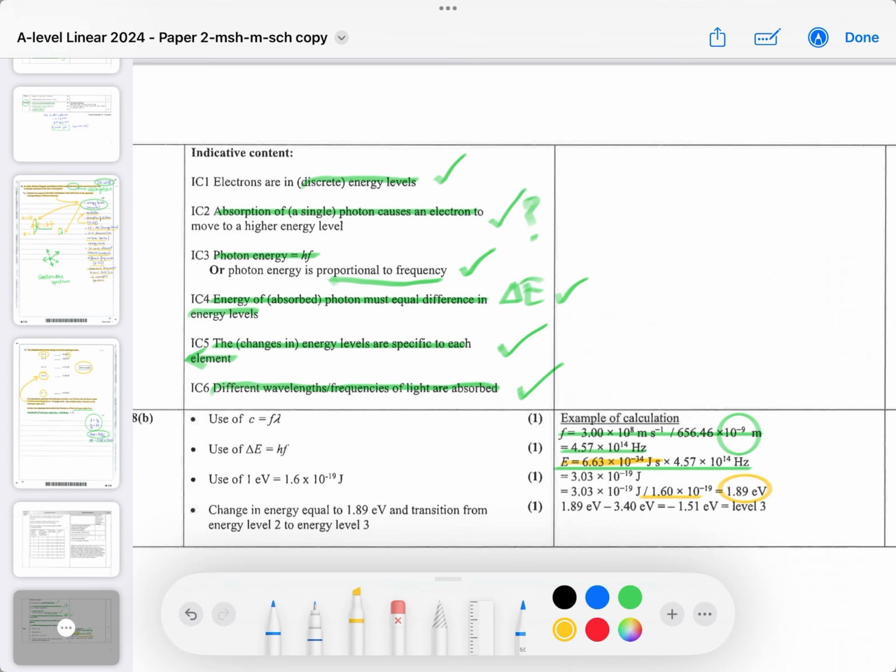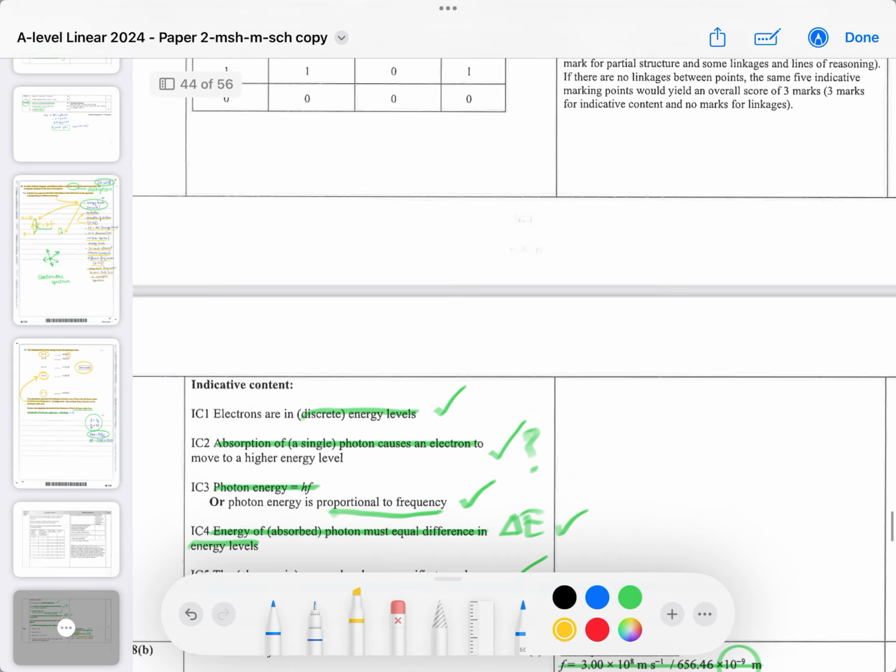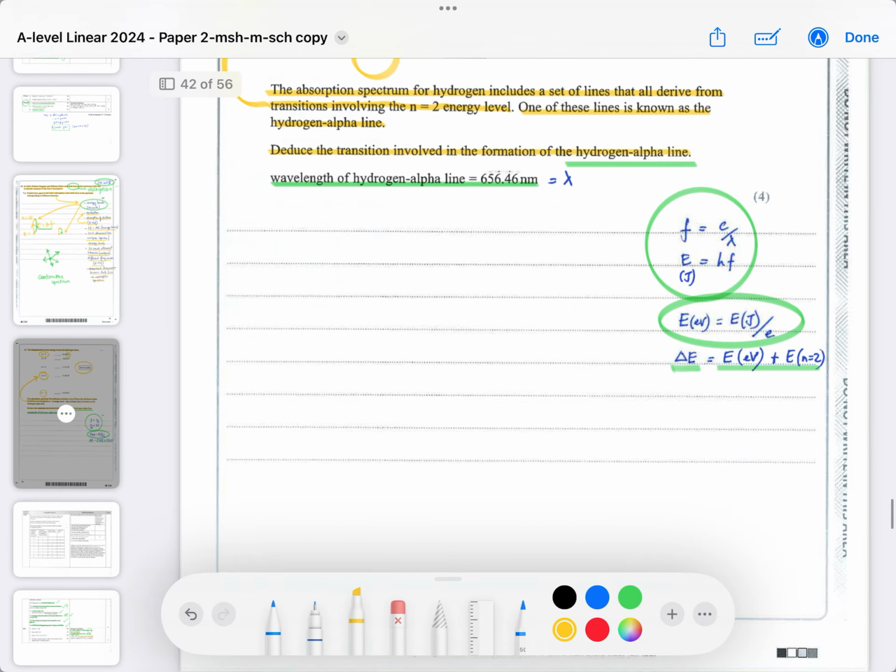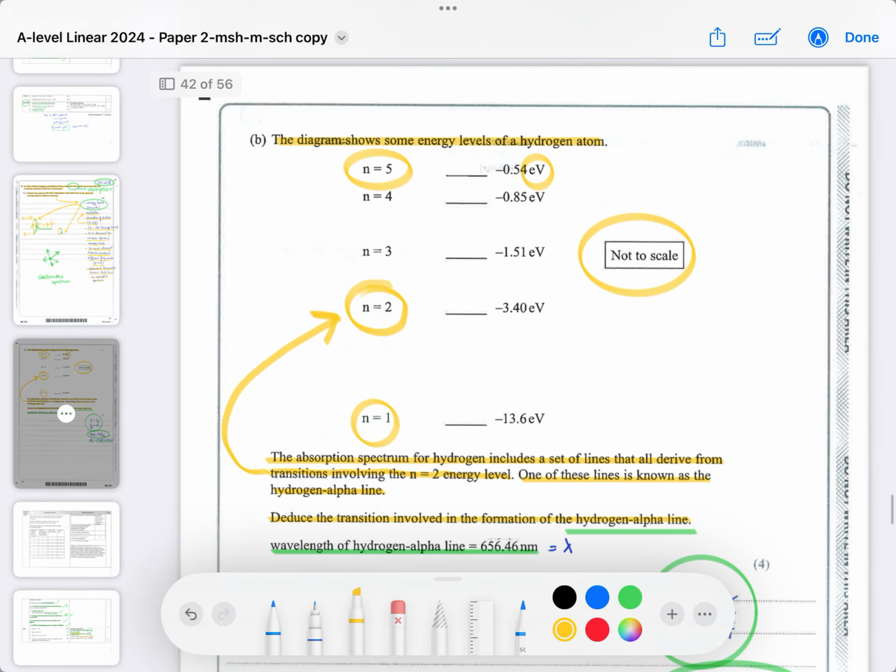So one of them has to be linked to level 2, 1.89. So we want to look for a 1.89 electron volt transition involving n=2. So this plus 1.89 electron volts will give you, I think, 1.51. So 1.512 there, is that 1.89?